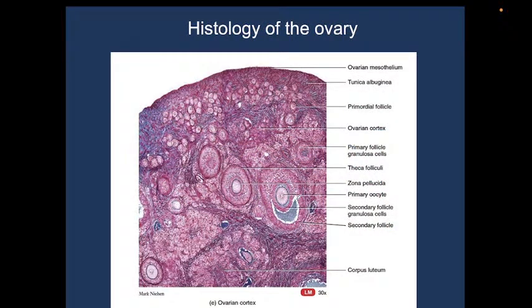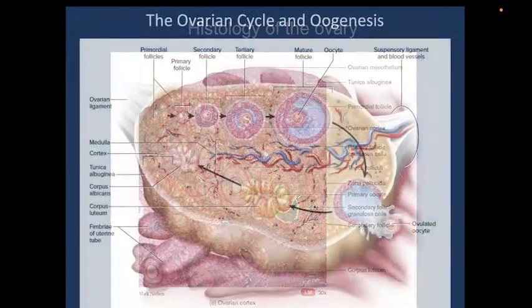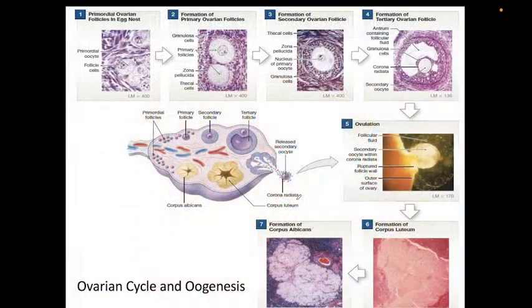Next picture shows the process of ovulation and a histological picture of different follicles. This is a primordial follicle. This is the basic oocyte.